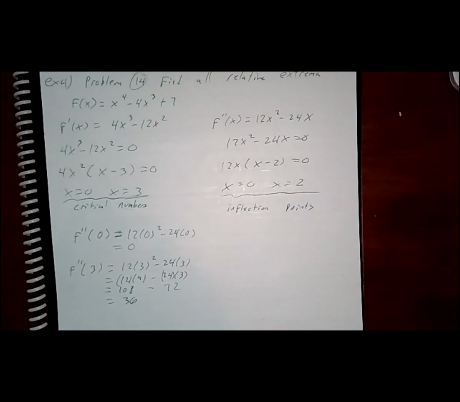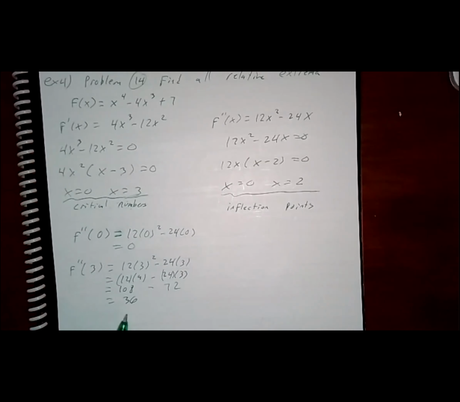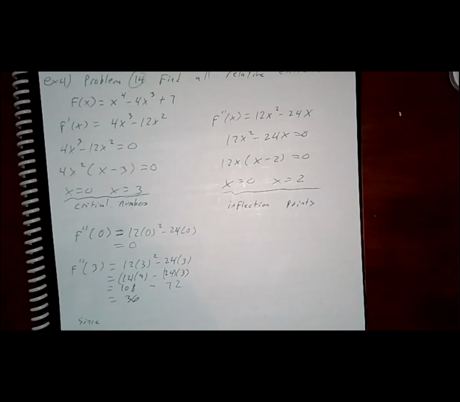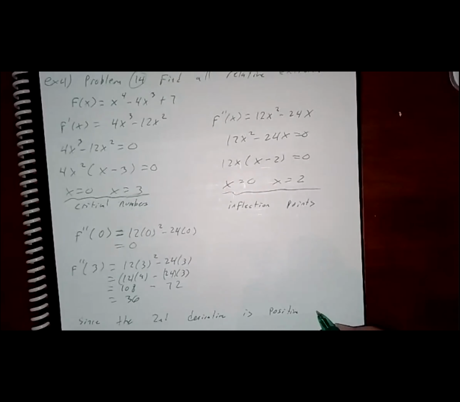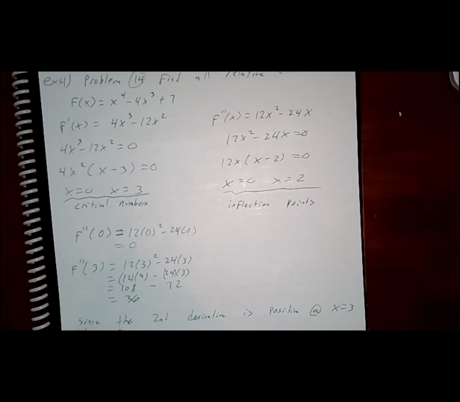Anyway, none of that mattered, right? Let me put this in English: since the second derivative is positive at x equals 3, it is concave up.